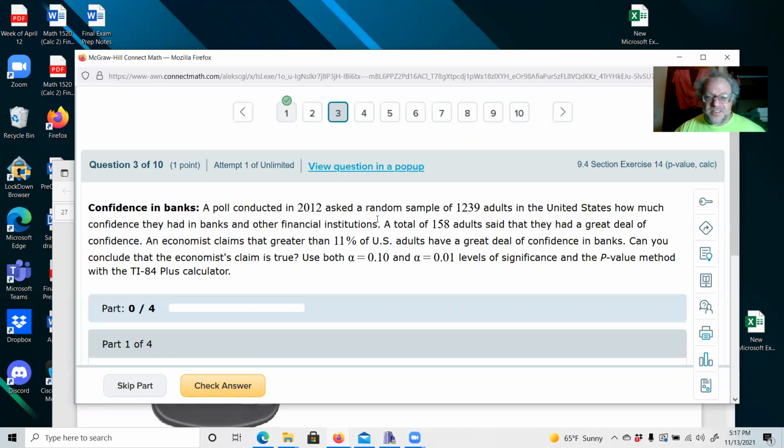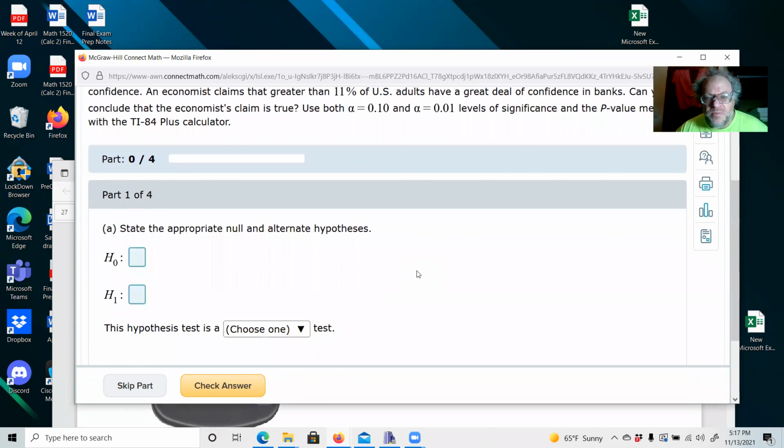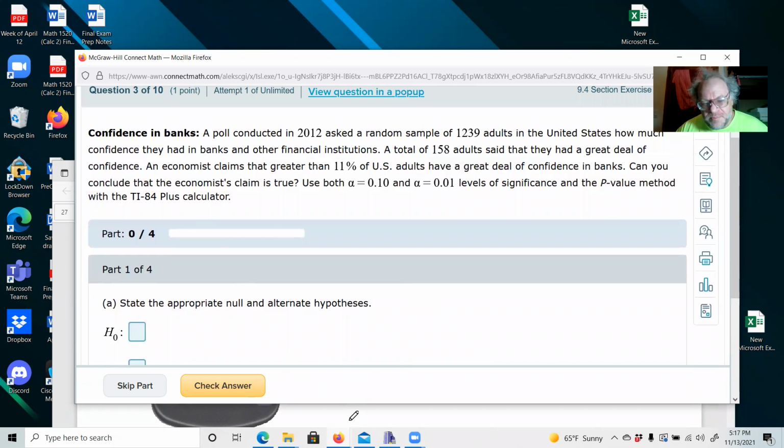Most people did not, because that was the 2011, 2012 recession. Everything was falling apart. I know most of you are going to be way too young to have good memories of this, so that's all right. An economist claims that greater than 11% of the United States had a great deal of confidence. What do you think about this claim?